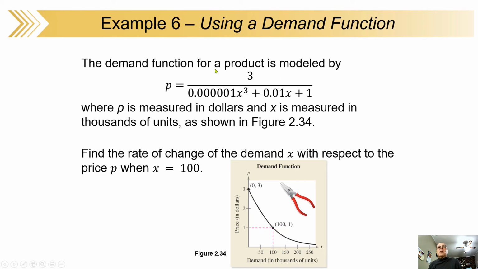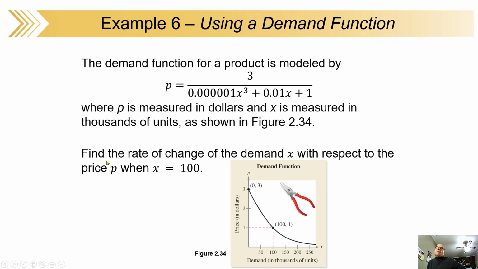Here's our formula that puts those two together. What likely is the case is this just didn't come out of the air. Someone did some research and developed this equation, this model for how the price and the demand are related.